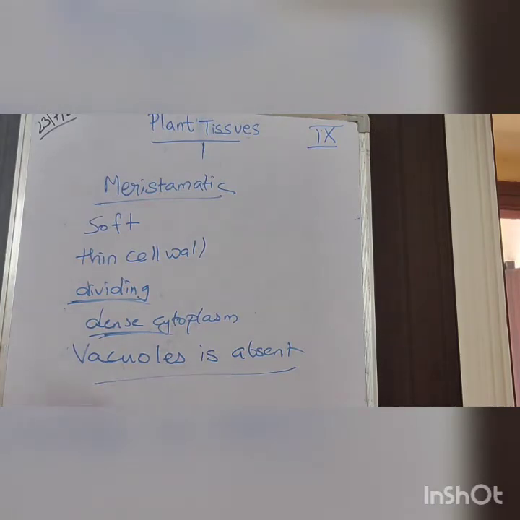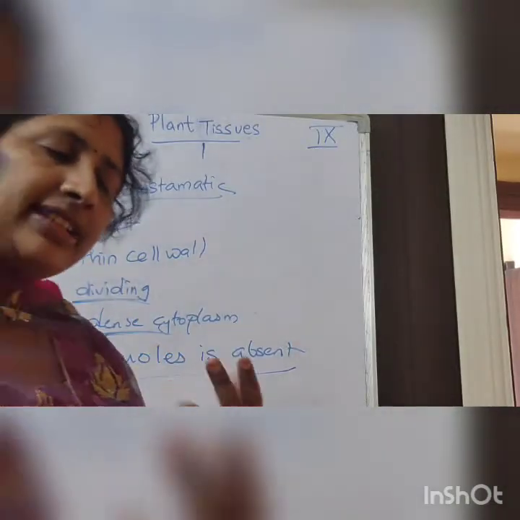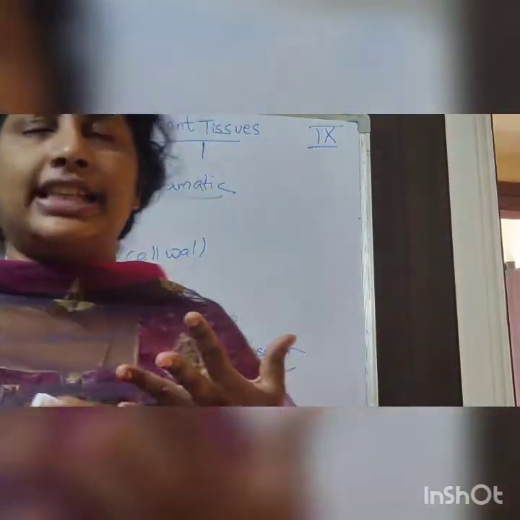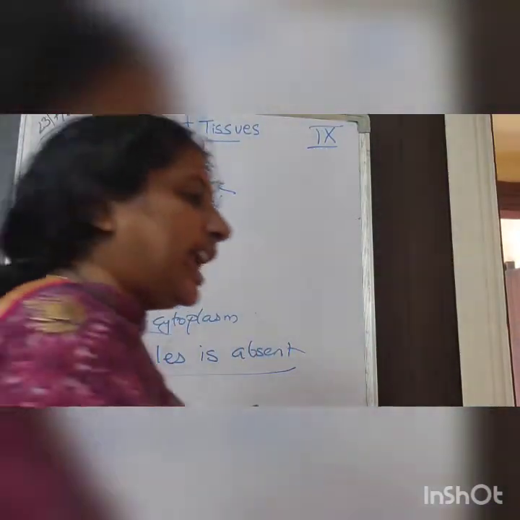And meristematic tissue is how many types? It is of 3 types: apical meristematic tissue, lateral meristematic tissue and intercalary meristematic tissue.